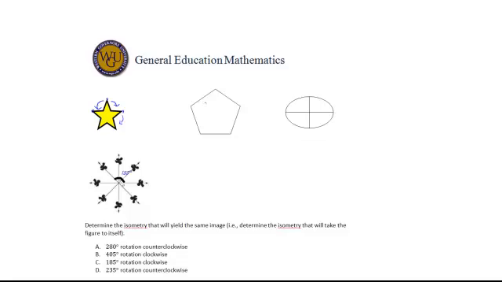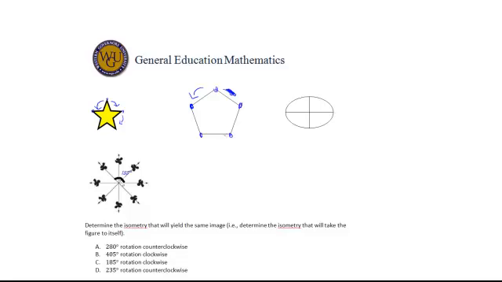And here we have a pentagon that has 5 sides, and we could do the same kind of thing where we could rotate it this way, clockwise. What would happen is this point would go to this point, and it would map onto itself. And then we could rotate it this way, counterclockwise, and the same thing would happen.